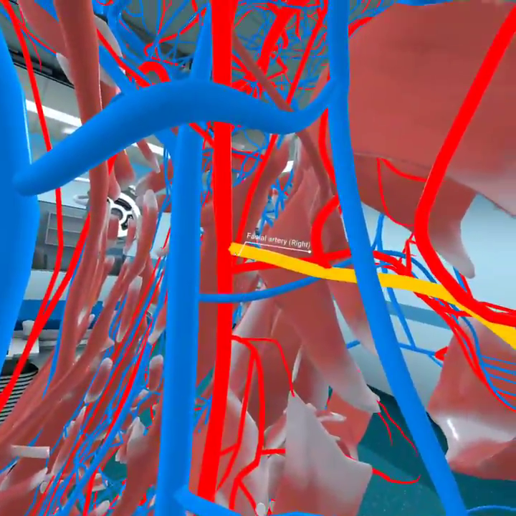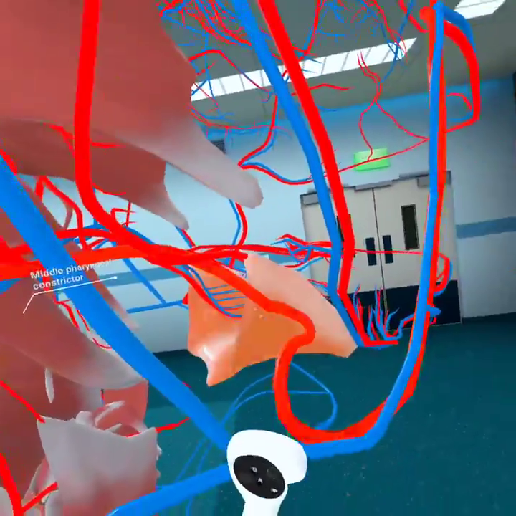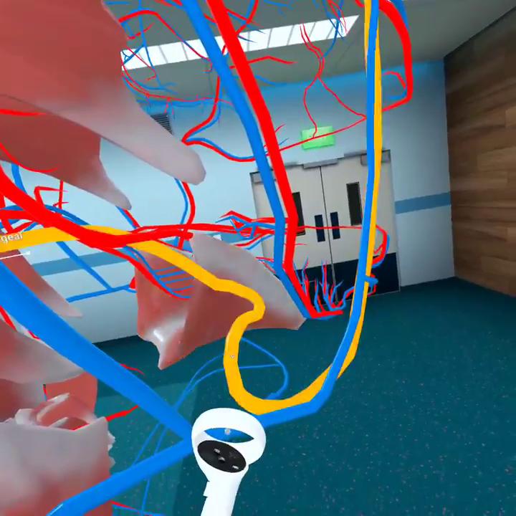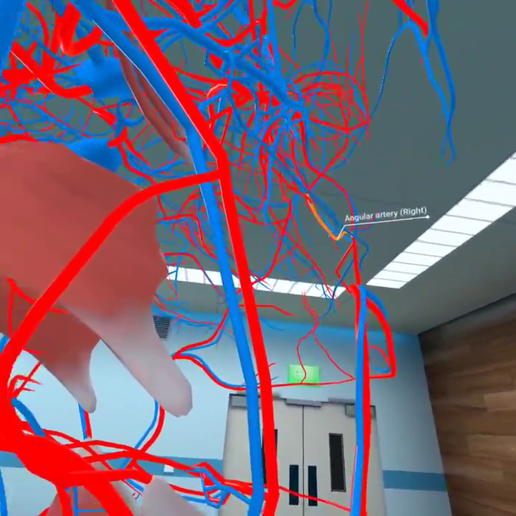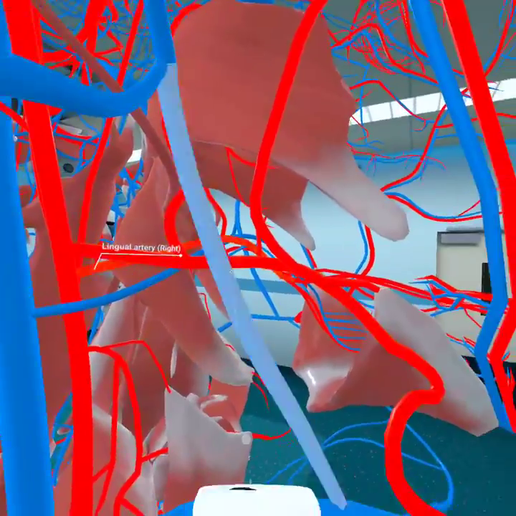We have our facial artery branching off of the external carotid artery that supplies most of the muscles here, and also goes up and supplies the face. So it's from its name, facial artery and lingual artery, or angular artery. Okay, never mind. So we have that branching of facial and lingual artery.